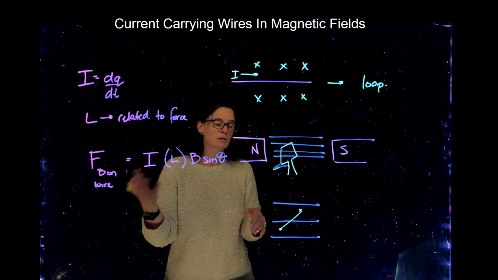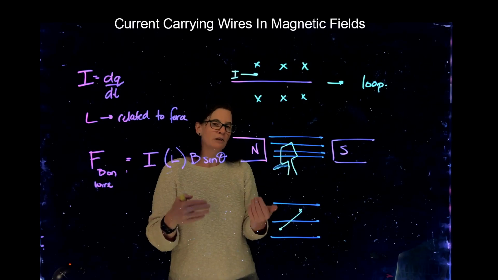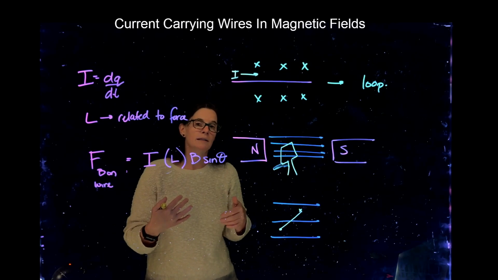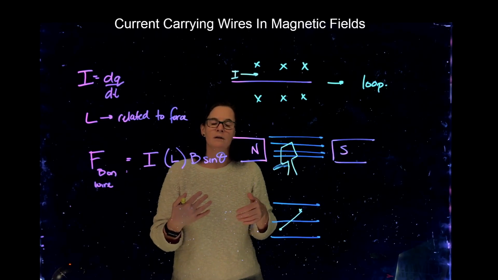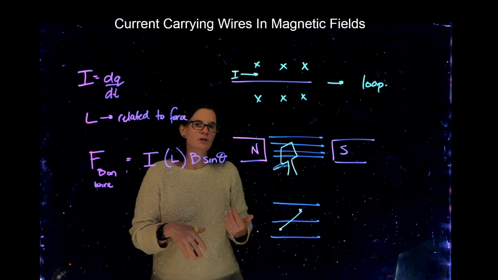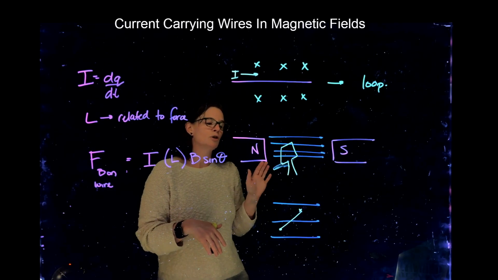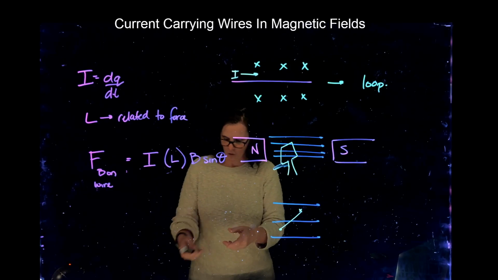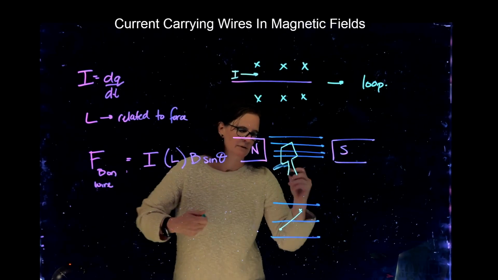So like our cross product before, our fingers are in the direction of the current, our fingers curl in the direction of the field. So you put your fingers in the direction of the current out of the page. You curl in the direction of the field that way, and we see a force.